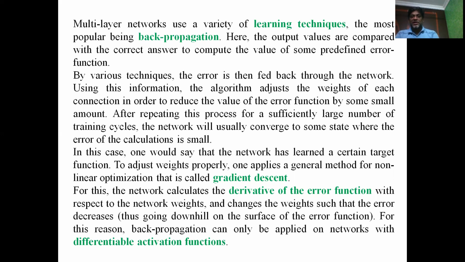Basically, the backpropagation algorithm looks like a delta learning rule or error correction learning rule. It implies error correction learning itself, where the output values are compared with the correct answer to compute the value of some predefined error function. So we'll calculate the error function and then try to minimize it with the help of this backpropagation algorithm.